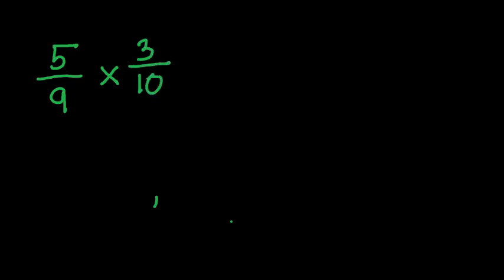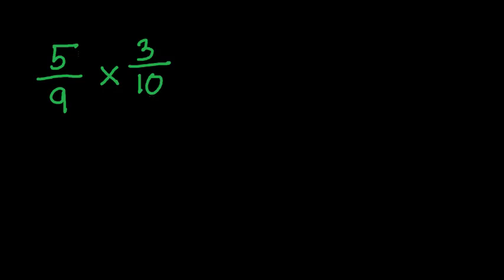Okay, so say we have a fraction like 5/9 times 3/10. You can just go ahead and multiply, but what's going to make life really easy is if you look across, at this 5 and this 10, you can see that they're both divisible by one number. 5 and 10 both go into 5.